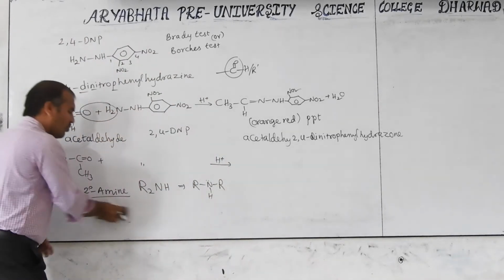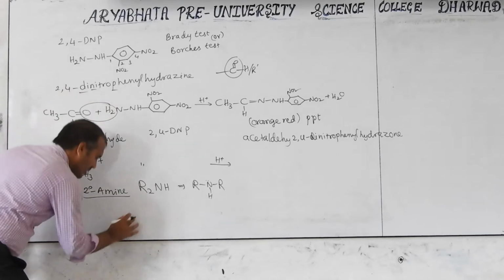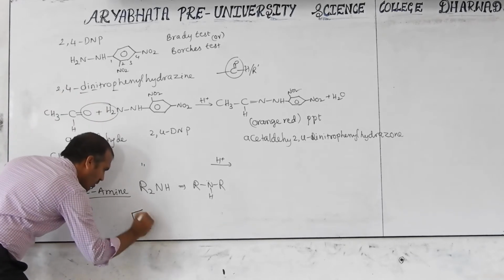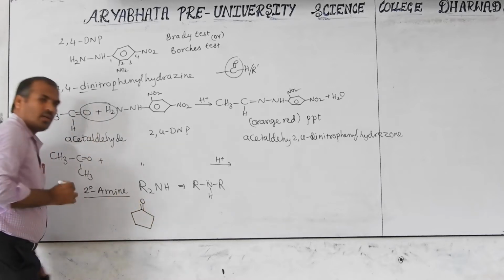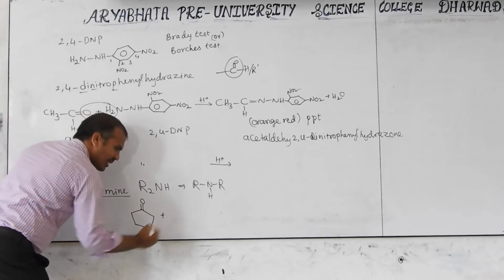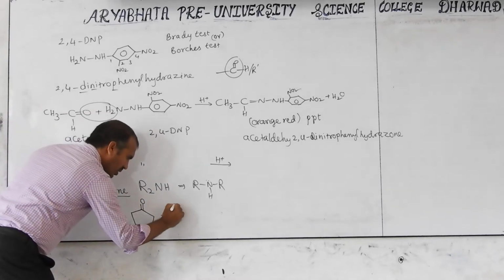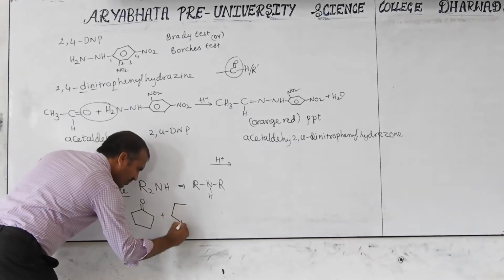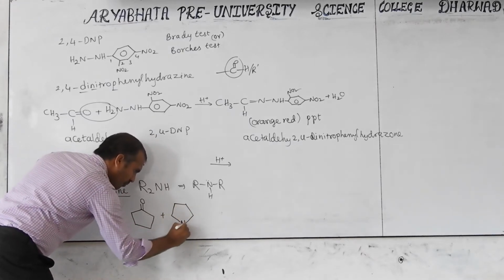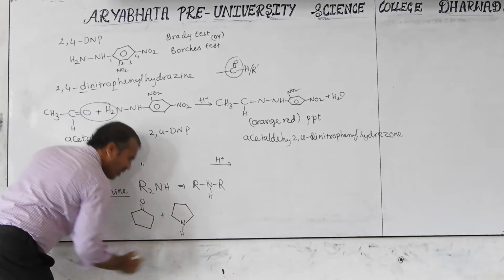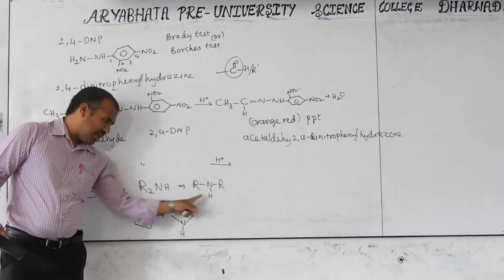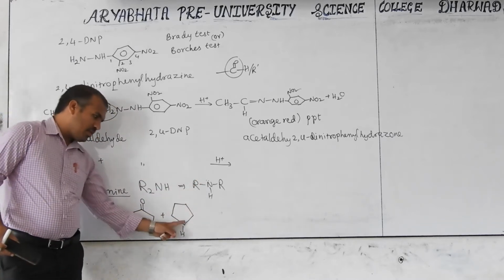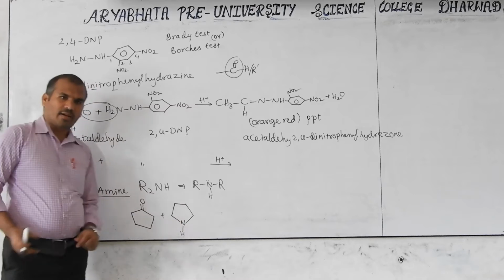Like this. This is a ketone. This ketone reacts with the secondary amine. This also I will take as cyclic. Which amine is the secondary amine? NH, with R on the left side and R on the right side. This is a secondary amine.